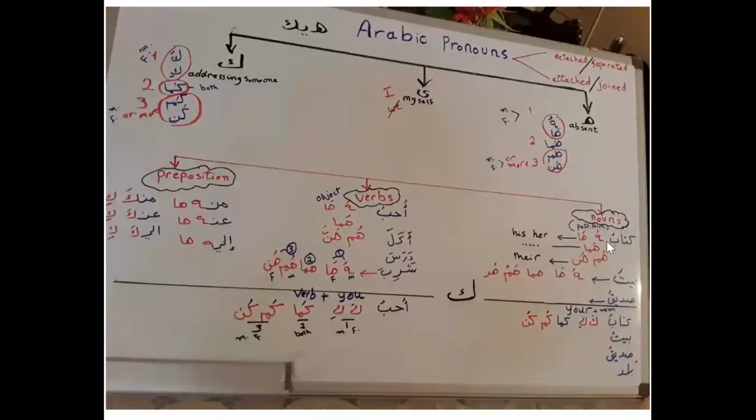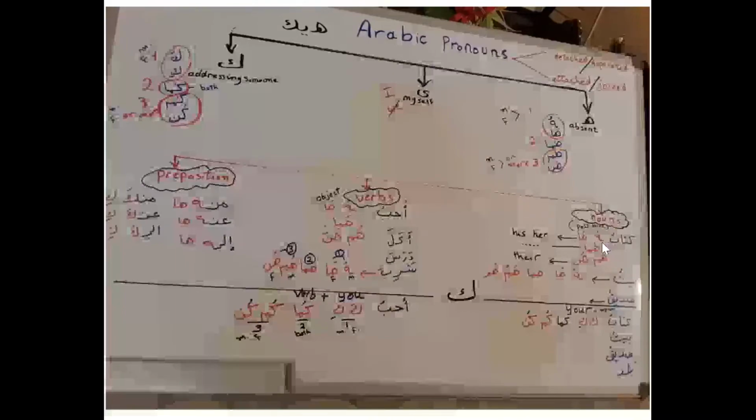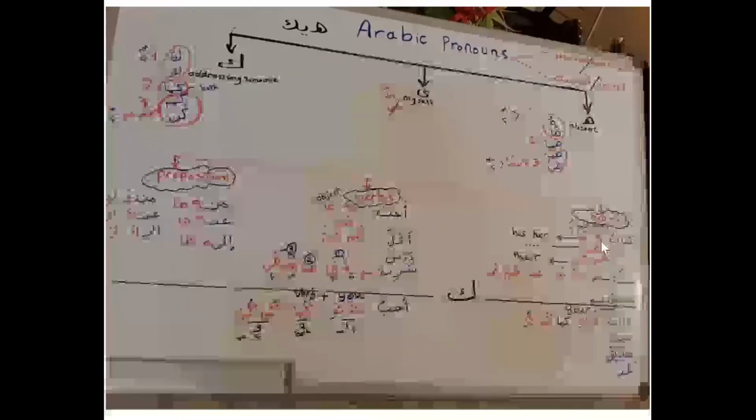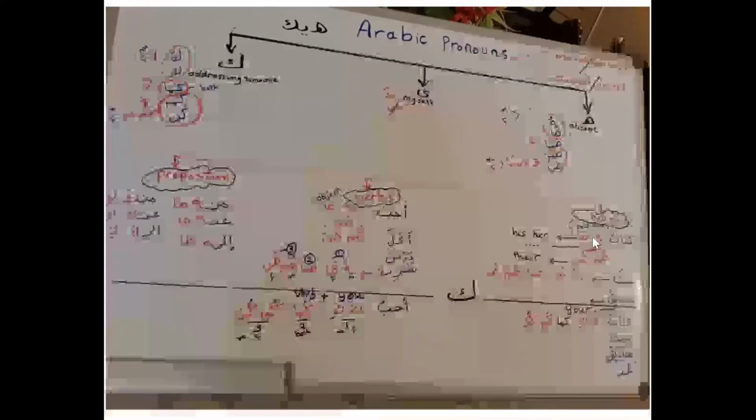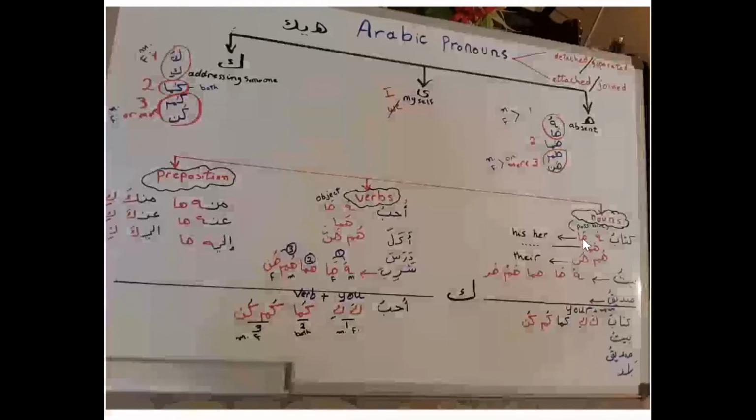If I say his book, her book, so I say كتابه, كتابها. Book, her book, his book, her book.